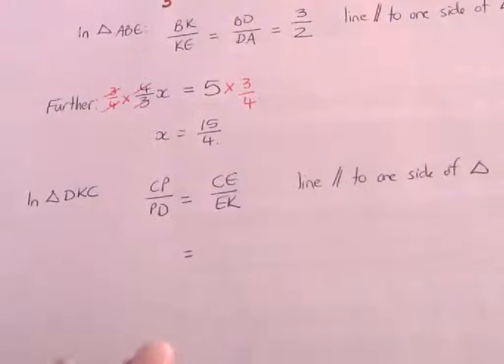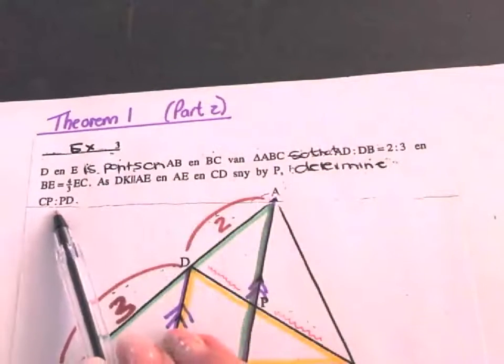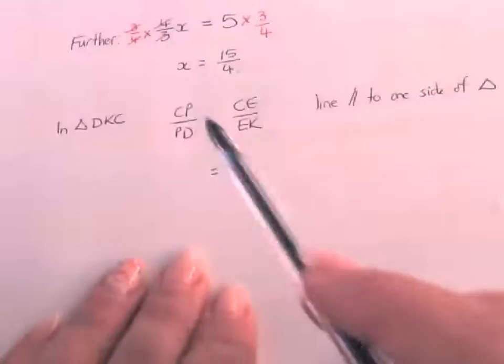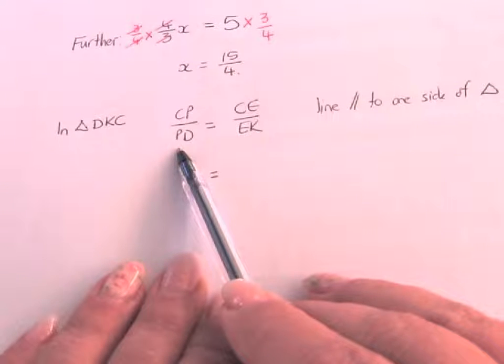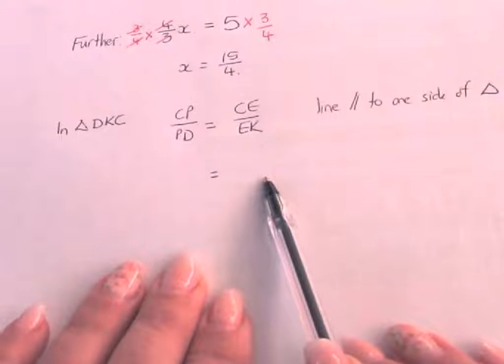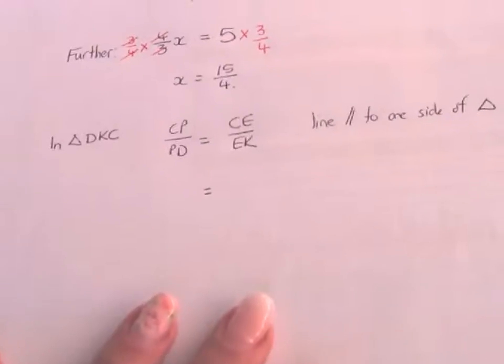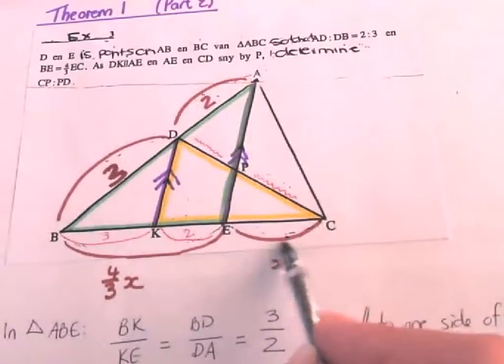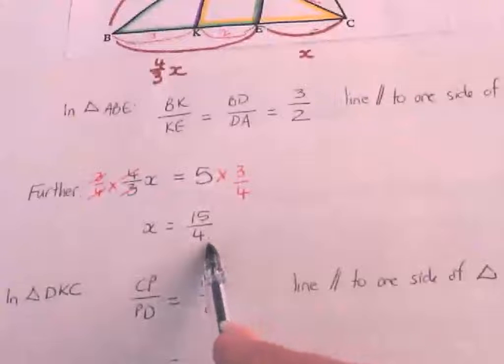Reason: line is parallel to one side of the triangle. They asked us to get the ratio CP to PD. CP to PD. So we're on the right track. If we get an answer here as a fraction, we can just split it as a ratio. So CE is X, and we know X is 15 over 4.